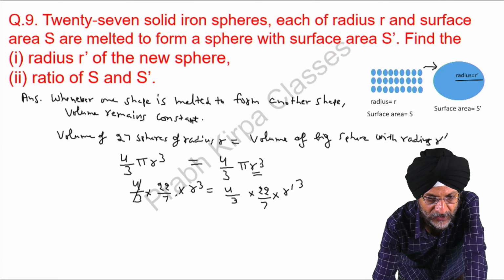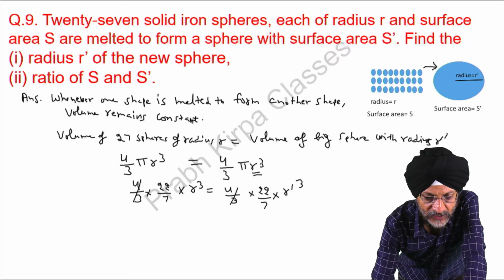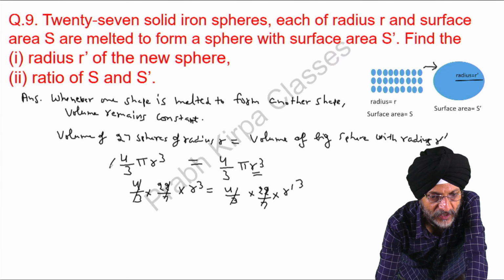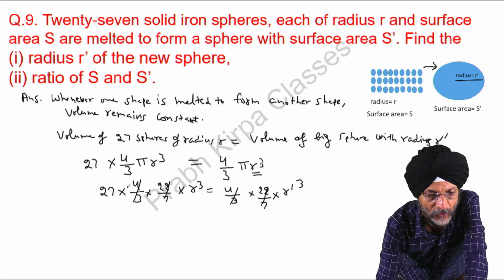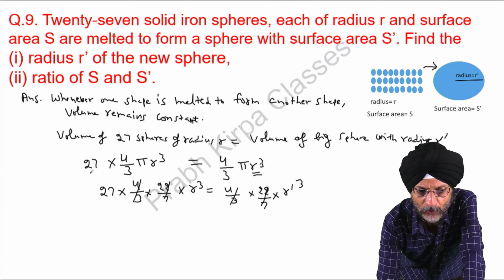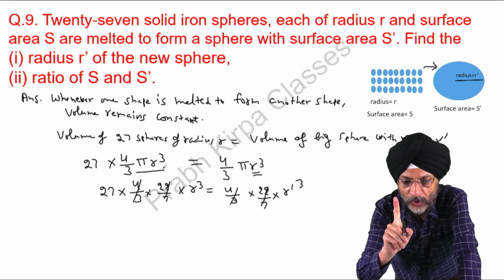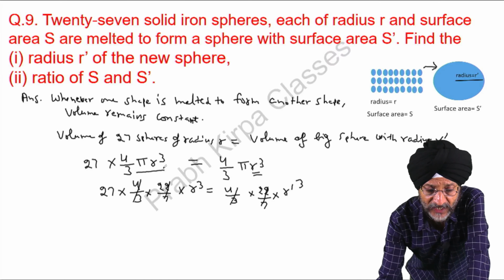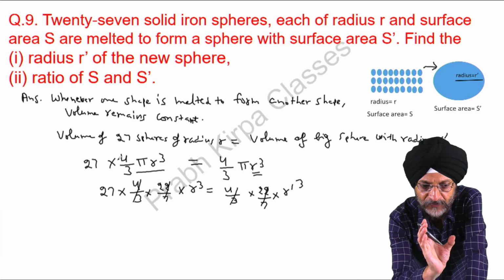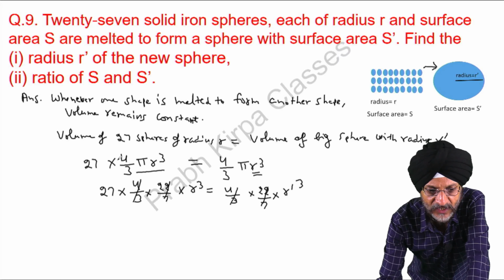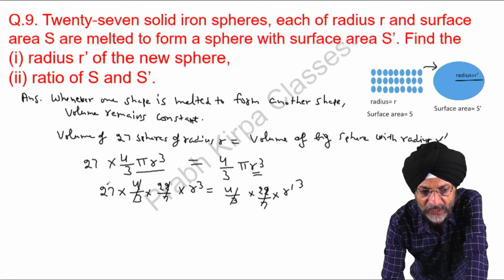So now this is equal to this. This is the volume of 27 spheres. We have multiplied by 27 because 4/3 pi r cube is the volume of one sphere, and there are 27 small spheres.